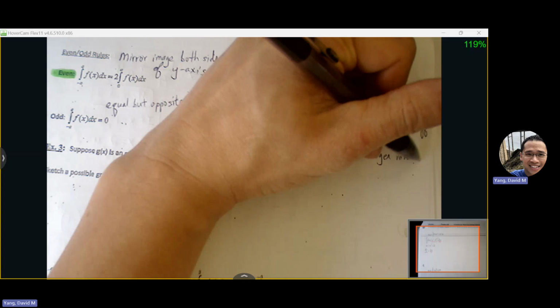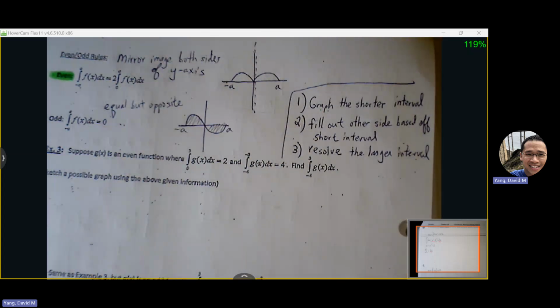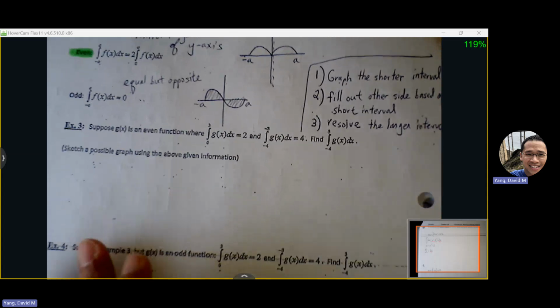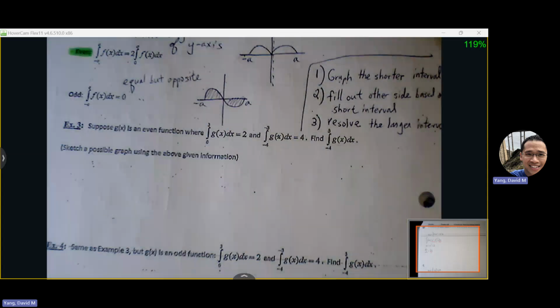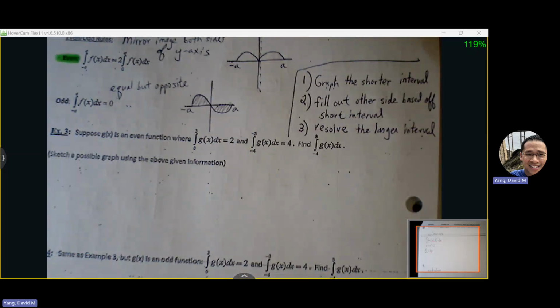This is not an issue if there's no overlap, but this is important for us to follow if we have some overlapping regions between the shorter and larger interval. So this allows us to have a structure to follow. Initially, it's not going to feel like a big deal. Example 3 and 4, there's no overlap. We don't have to do it in this order, but I think it's good to follow the same procedure for every problem.